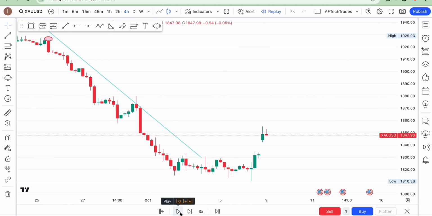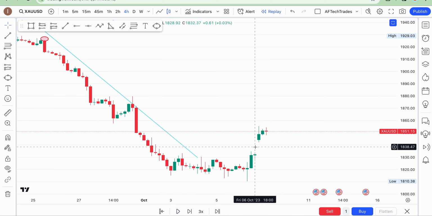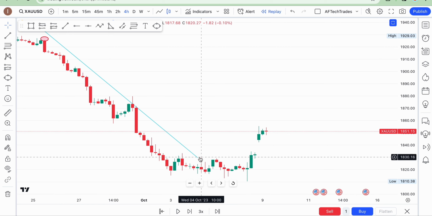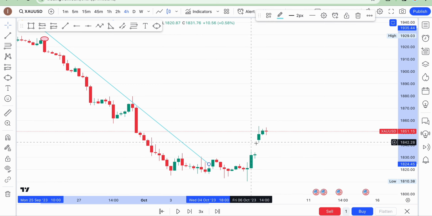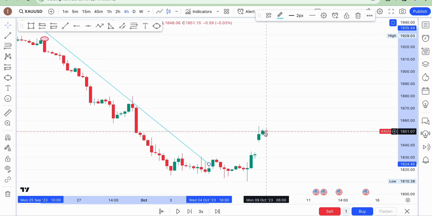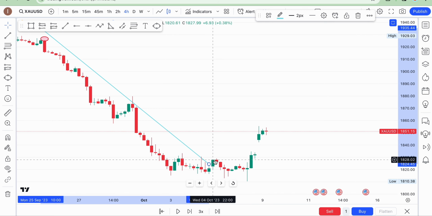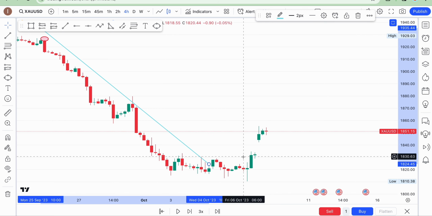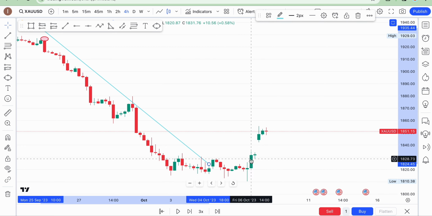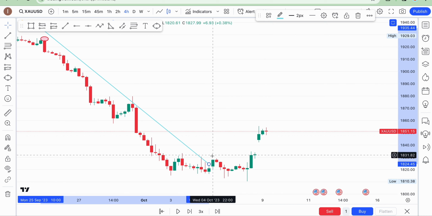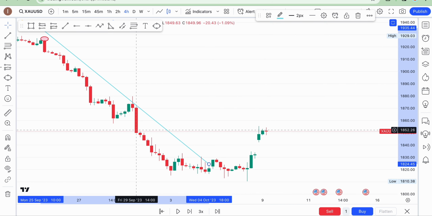Where we will have a break of structure. Okay, now you see it was forming a lower low and lower high, right? But here there's a break of structure, because instead of it continuing to form a lower low and a lower high, it breaks the previous lower high, right?